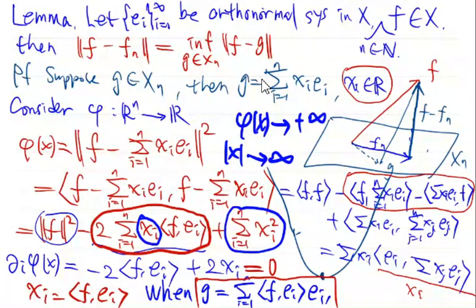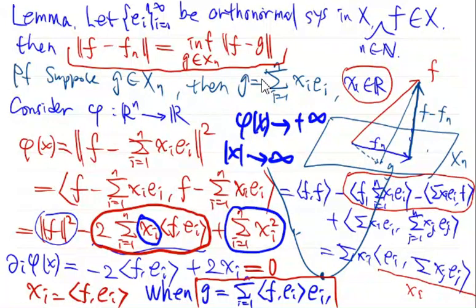Okay, so this proves the conclusion of this lemma. The conclusion of this lemma is precisely that the distance from f to the projection is the infimum of the distance from f to g in Xn.